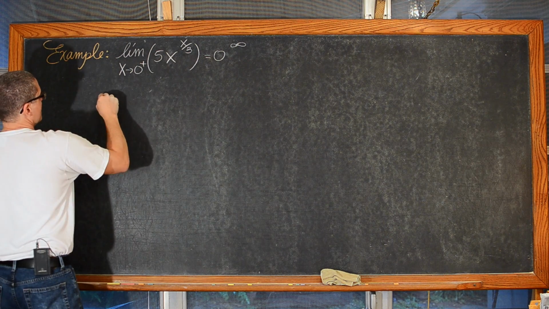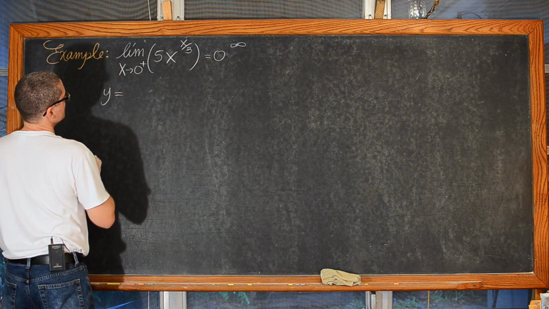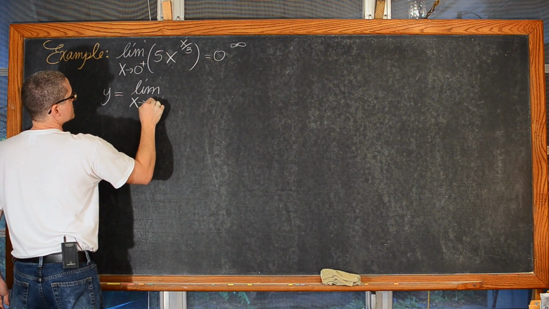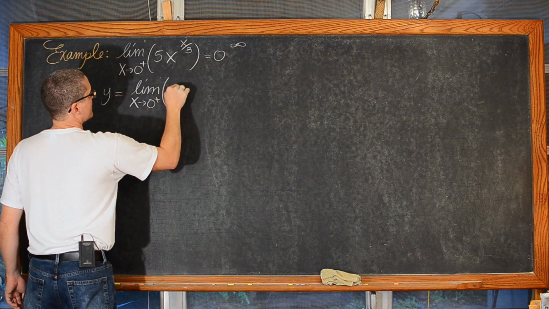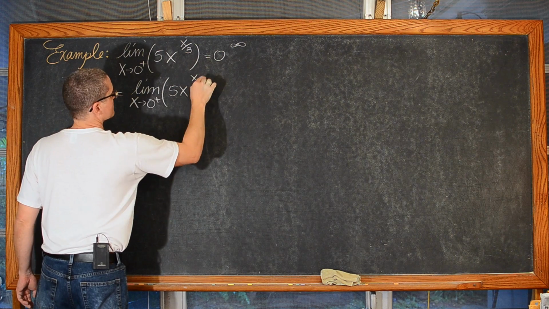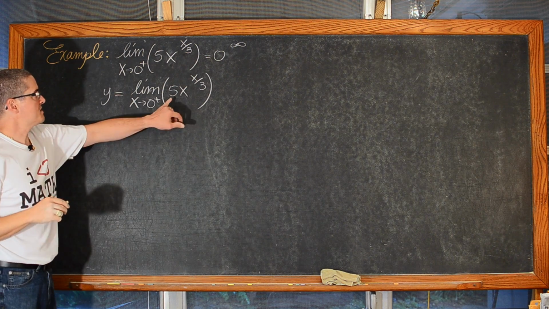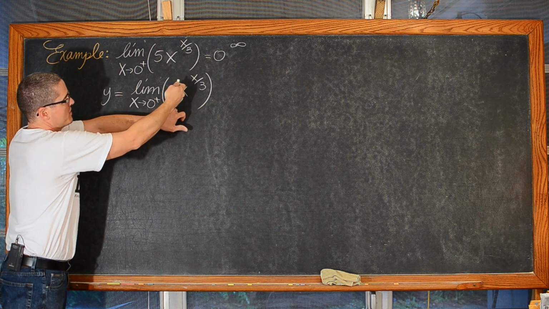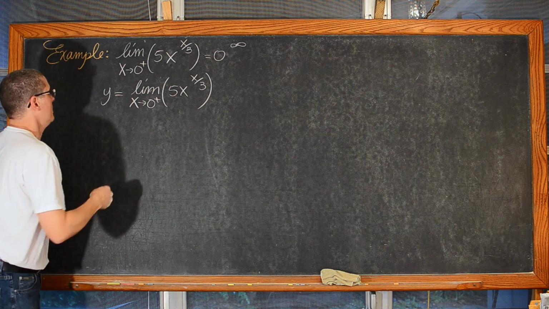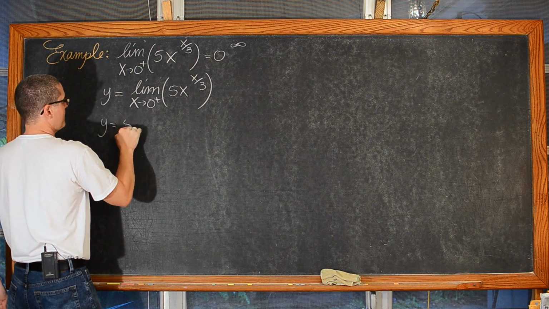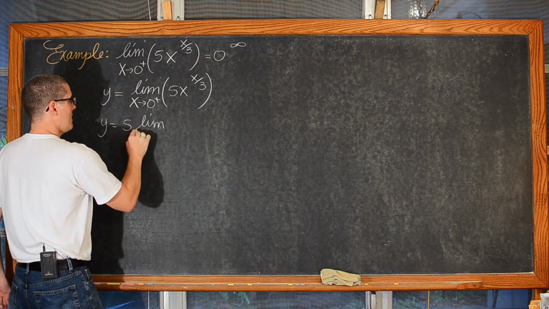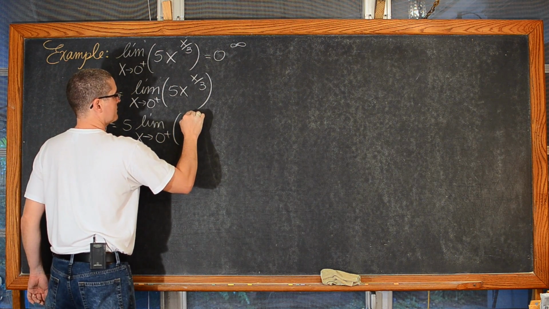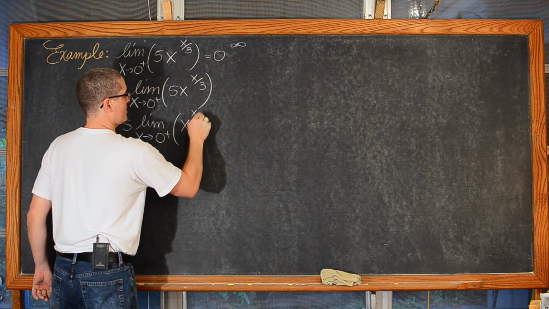So I'm going to go ahead and say, let's let y equal the limit as x approaches 0 from the right of 5x to the x over 3 power. Now I'm going to take that 5, because if I'm taking the limit of an expression with a constant in front of it, I can pull that out front and write y is equal to 5 times the limit as x approaches 0 from the right of x raised to the x over 3 power.